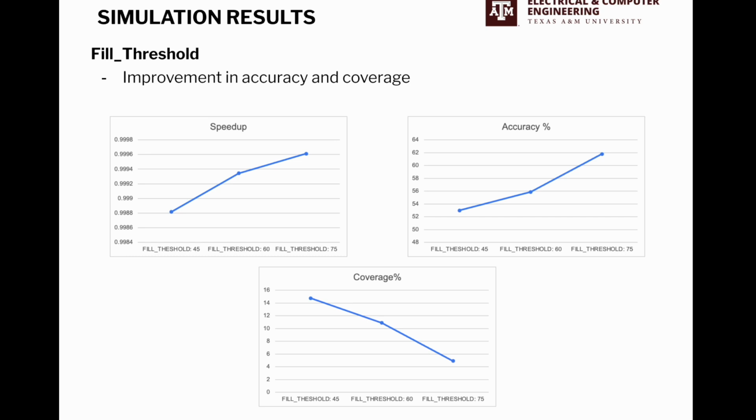As the fill threshold value decreases, the confidence required for the data to be placed in the L2 cache decreases. If the prefetcher confidence exceeds the fill threshold value, the prefetched value will be directed to the L2 cache. Otherwise, it will be directed to the LLC. This dynamic explains why coverage varies significantly with different fill threshold values.